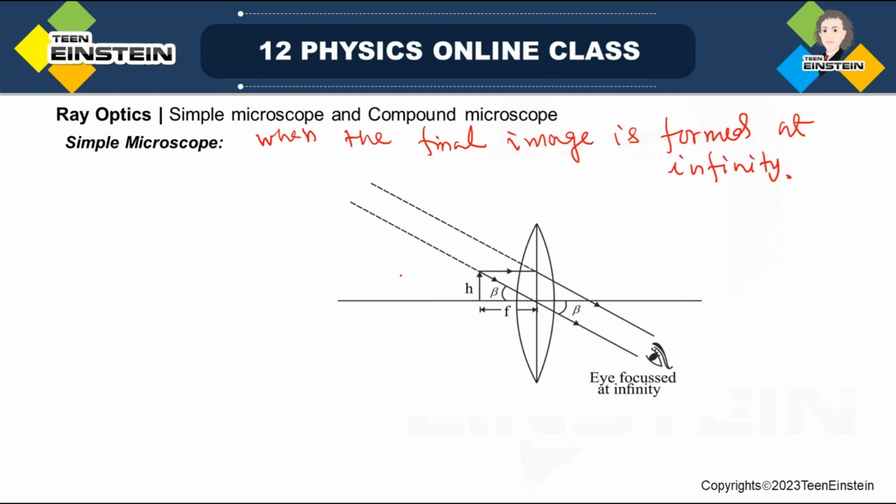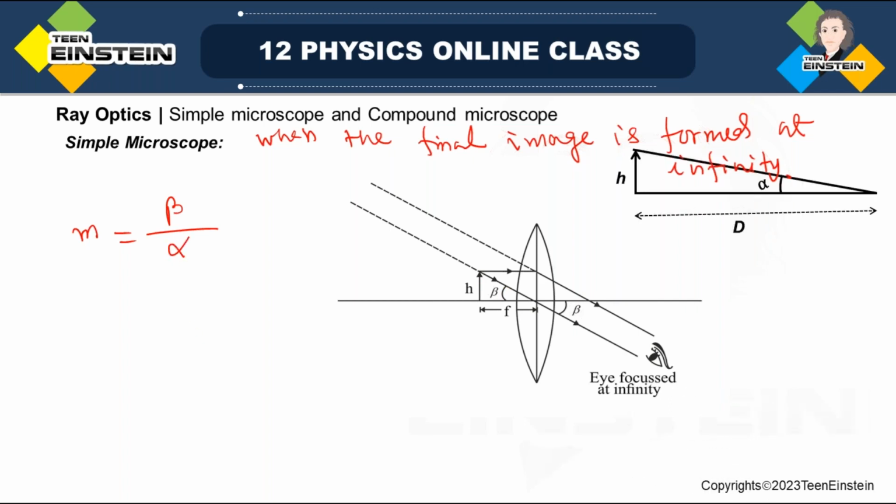So in that case, if I write the magnification, the image is formed at infinity, so the angle subtended by the image is this, there is no doubt about it, beta. And the angle we have taken for the object is alpha.